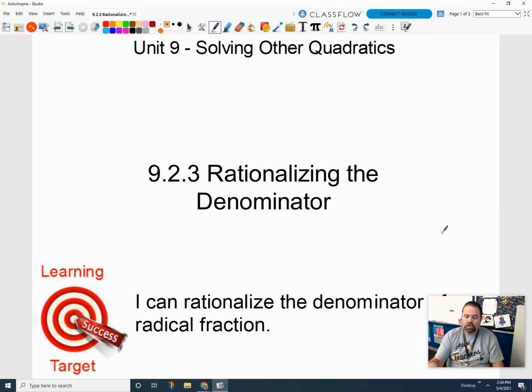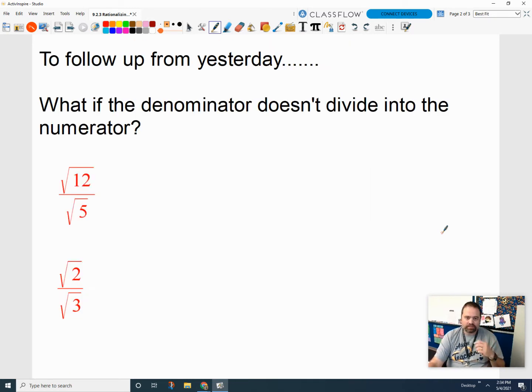So the goal today is for you to be able to rationalize the denominator of a fraction. Typically, when you do this, you're looking at a fraction with square roots where the denominator doesn't evenly divide into the numerator.